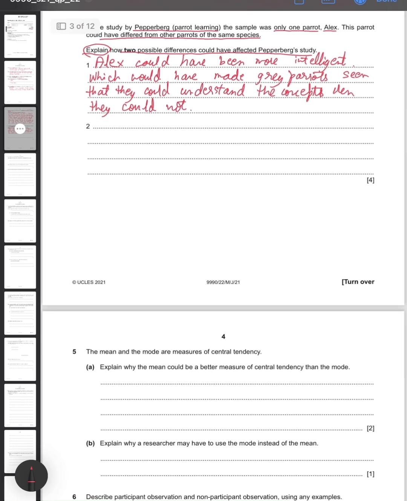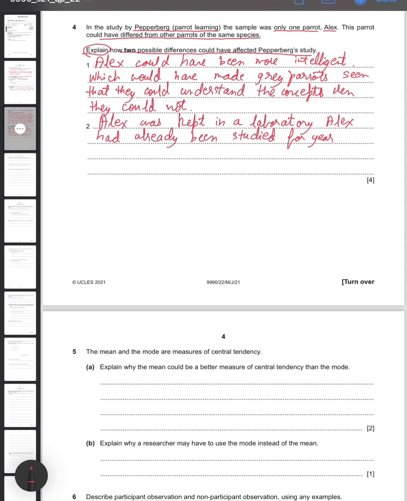And the second difference can be that Alex was kept in a laboratory and not out in the wild. So Alex had already been studied for years because he was the one that had experience of previous studies, of previous researches.